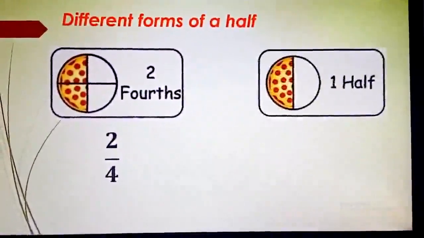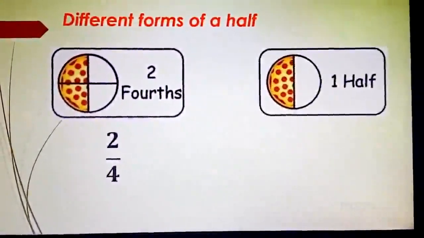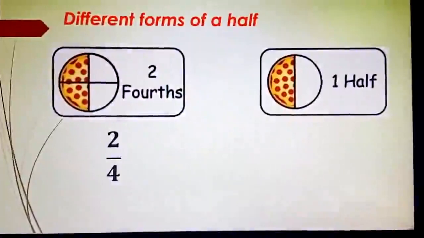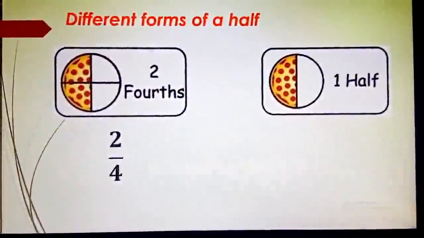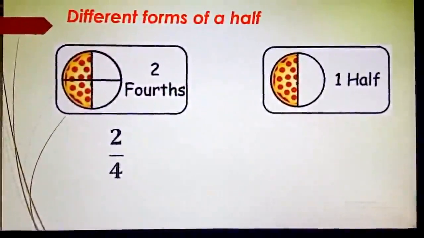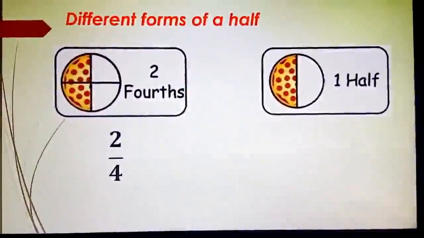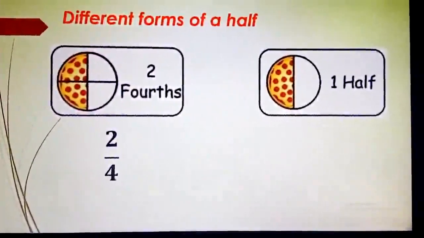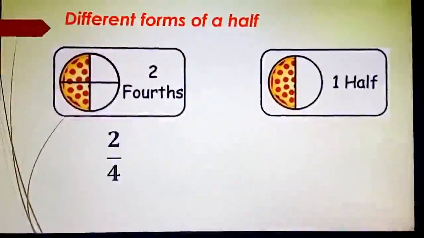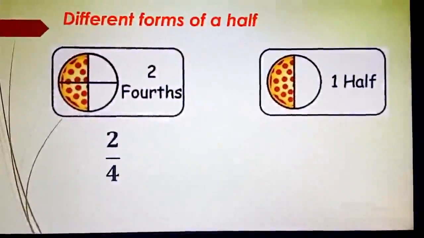But here we can note that the pizza is divided into 2 equal parts. So the total parts are 2 parts. And we will eat 1 part. So we have to take 1 from 2 parts.